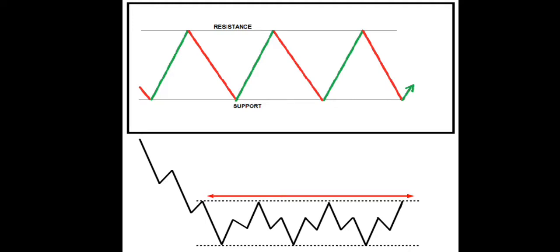Whenever you're watching the market and you notice a move like this, whereby a support has been approached so many times, and a resistance has also been approached many times, that is a range. But it has to be horizontally seen before you are able to identify it as a ranging market.